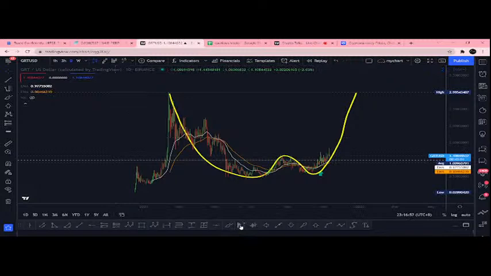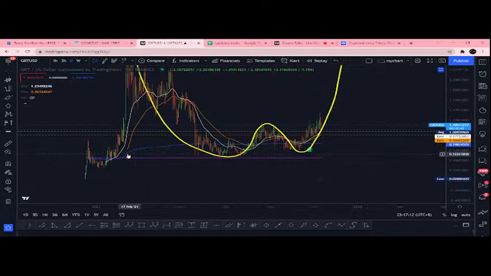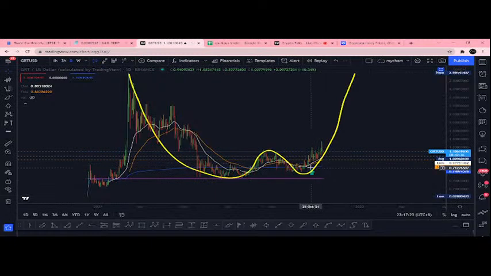We'll add a bit of this one from the start. So that's it. And then this one. So the volume, the VWAP and the golden cross are almost in confluence with it.